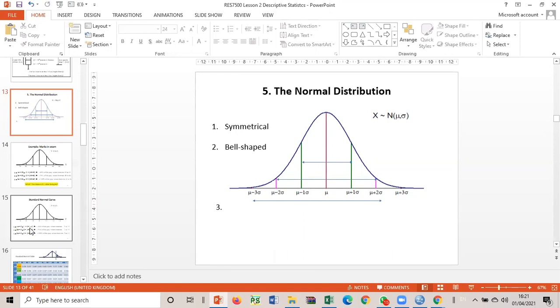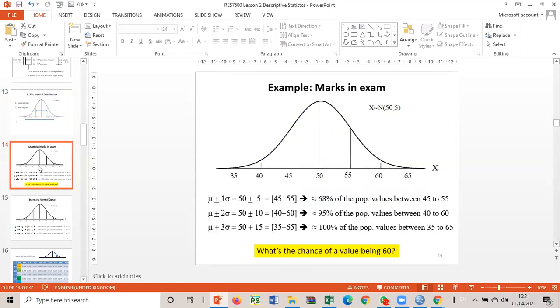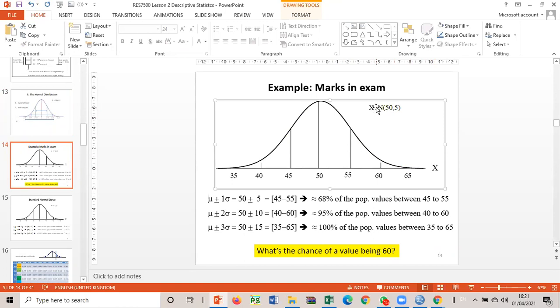So what does it mean here? What's the application? Look at this now. Marks in exam. Let's say I know the marks are distributed normally. When I write it this way, X indicates marks, the curl indicates distributed normally, this is the mean, this is the standard deviation. So how do you say it in words?